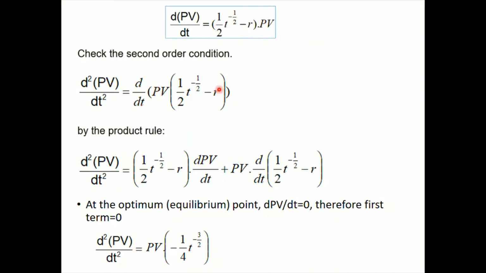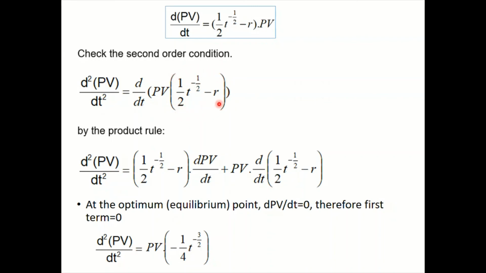So we're going to differentiate this again with respect to t. And we'll use the product rule, because here we've got our present value function multiplied by what we have here in the bracket.